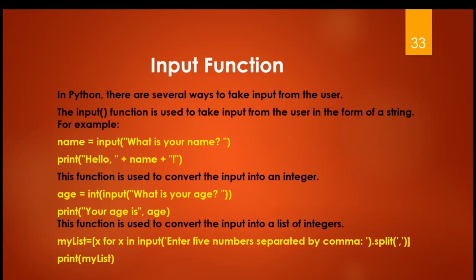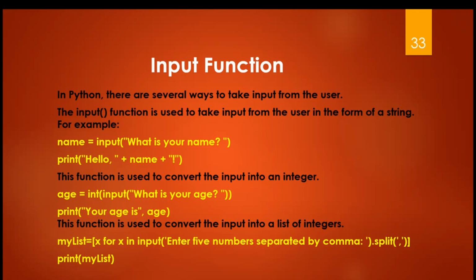So there are different ways to take input and display output. If we are talking about only input functions, then input gives you "what is your name". If you are printing, you can display it by writing hello plus name.